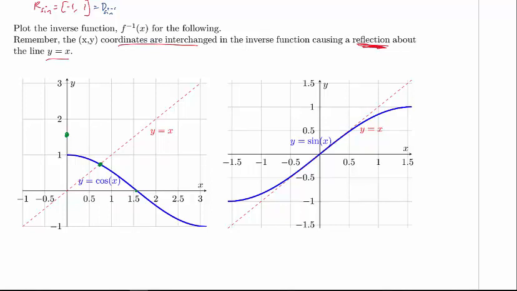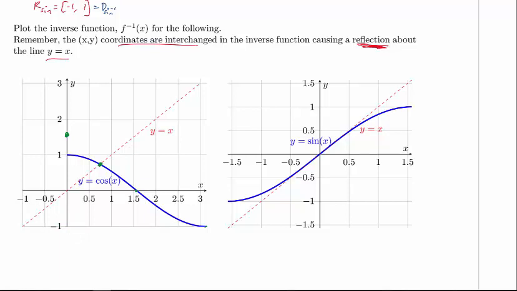All right, now let's look at this point here, right at pi. Again, remember pi is 3.14, just past the 3, and so this coordinate is pi and -1. You see this -1 here? Well, that's the y coordinate, so it's going to become the x coordinate now.